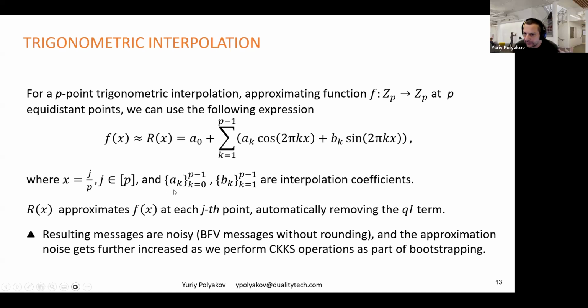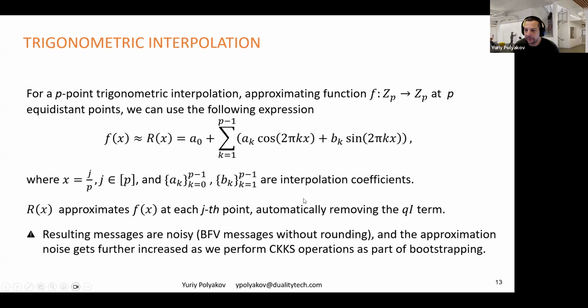But by itself, it's not sufficient to solve our problem, because the messages that we're feeding to the bootstrapping and to the trigonometric interpolation are going to have some noise. In BFE messages, the most significant part is the message, and the least significant part contains the noise.